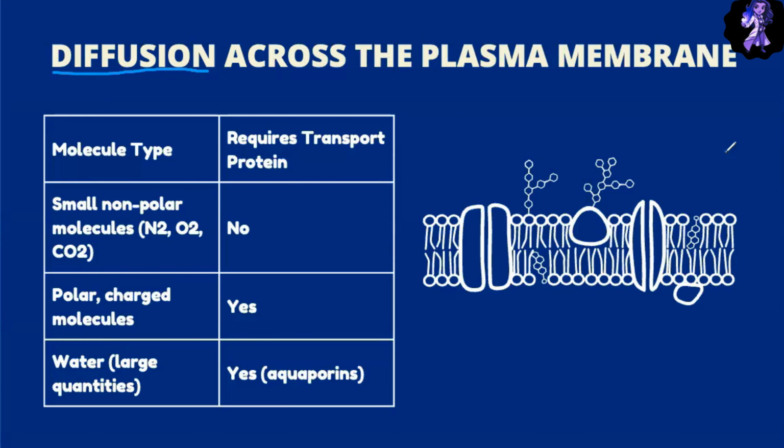And when we're talking about these proteins and the different types of proteins that exist, we know that certain substances might need a transport protein specifically to cross that barrier. Small nonpolar items such as N2, O2, and CO2, and small water molecules, so really, really small water molecules, do not require a transport protein.